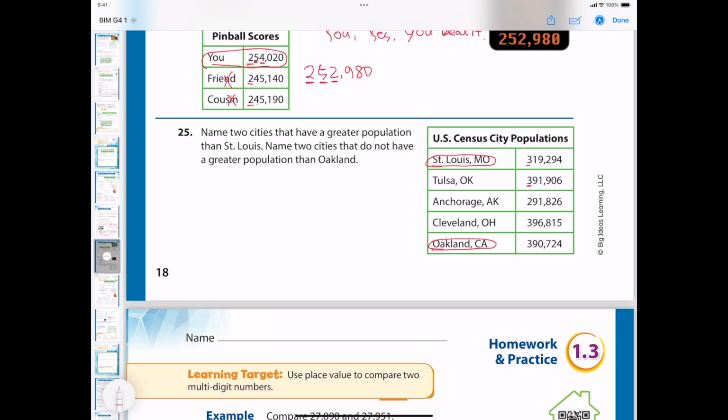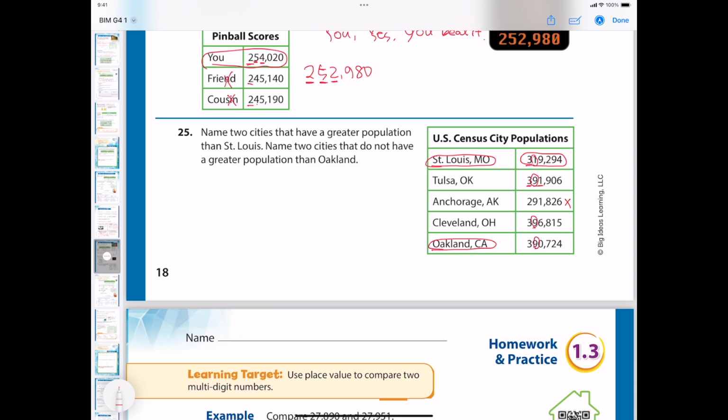Anchorage is not going to be there. We are going to find the greater place than 319,294. Okay, so here 300, Tulsa, yes, because 90,000 is greater than 10,000.